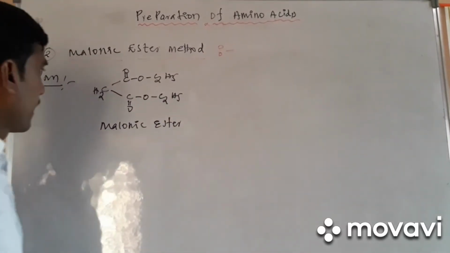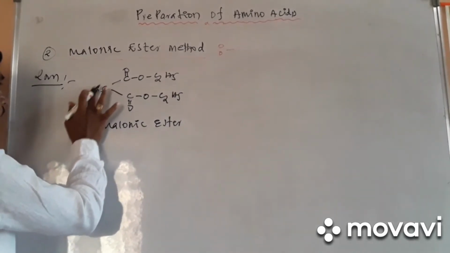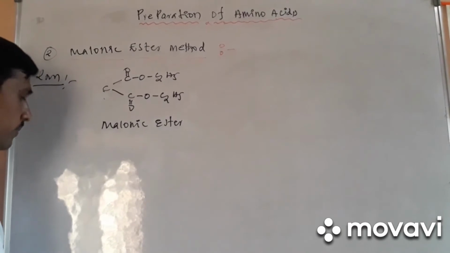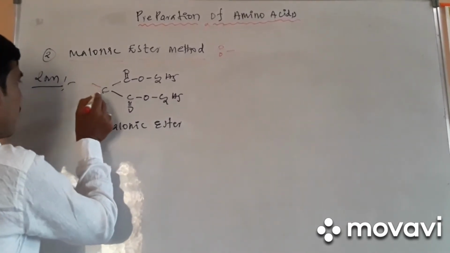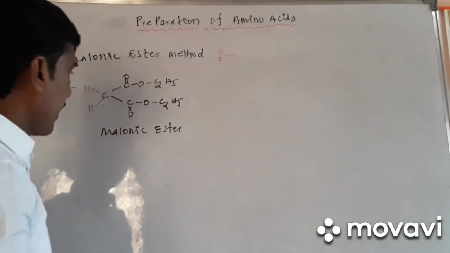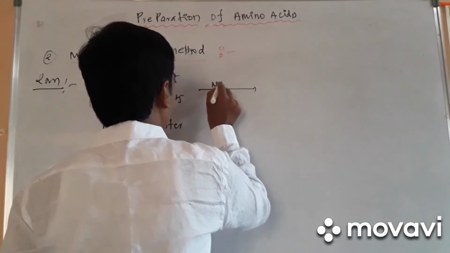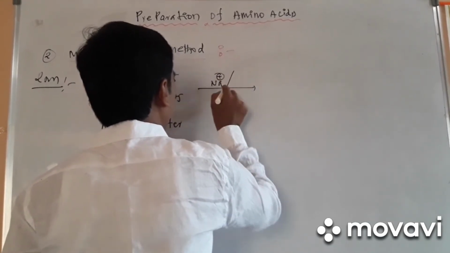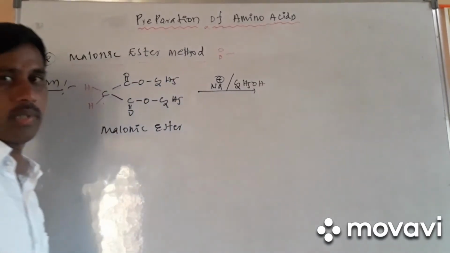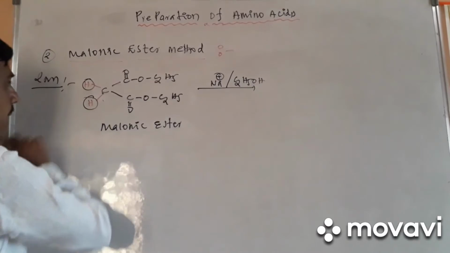This malonic ester has two active alpha hydrogens. These active alpha hydrogen atoms react with sodium metal in the presence of C2H5OH, that is ethyl alcohol.